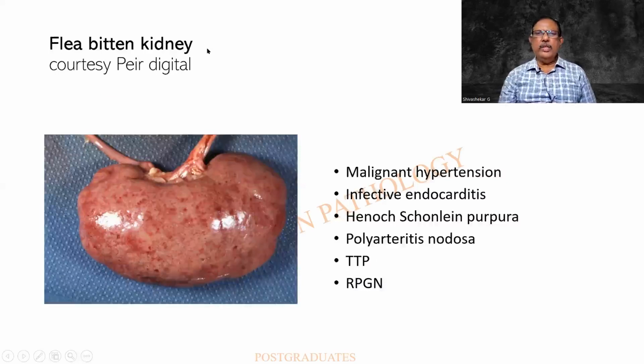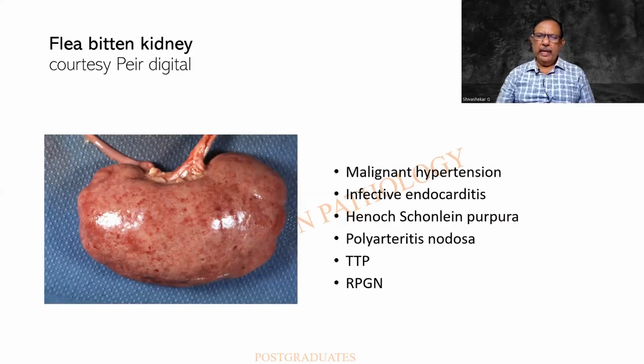Another condition which we shall always remember will be the flea-bitten kidney. Look at this kidney over here. The capsule is stretched, shiny, but then I am able to find multiple pinpoint petechial hemorrhages in the subcapsular region, in the cortex. And this can be because of any of the vascular malformations or because of immunological reactions or because of infections.